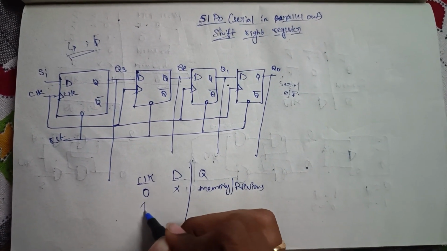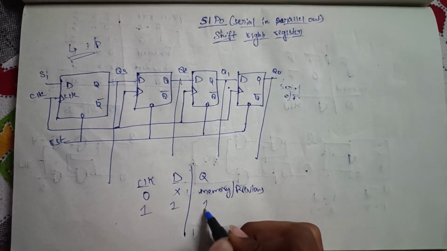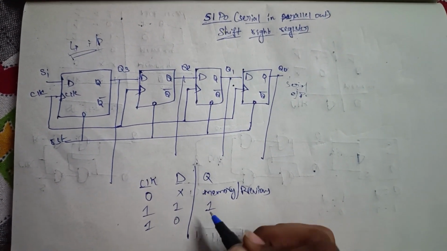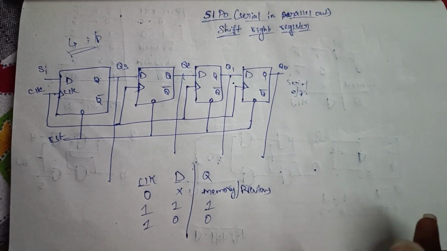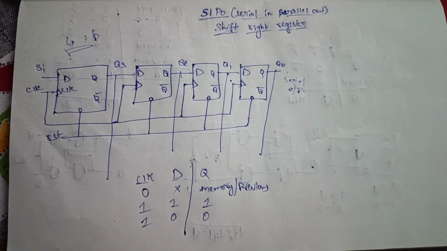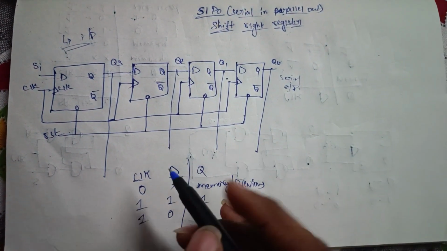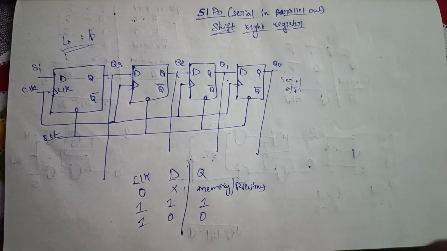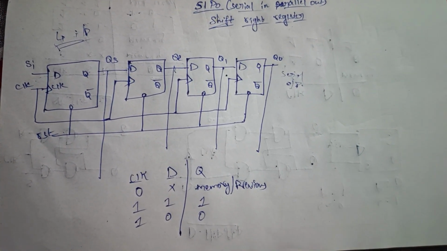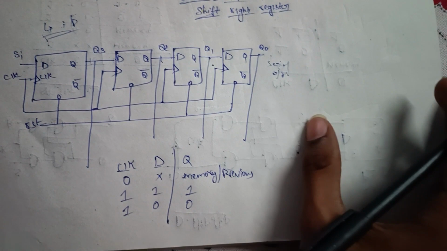If clock is 1 and D is 1, then output will be 1. If clock is 1 and D is 0, then output will be 0. Simply, when the clock is 0, the flip-flop is inactive and holds the data of the previous state. And if the clock is 1, whatever the input of D, the output will be the same as the input.